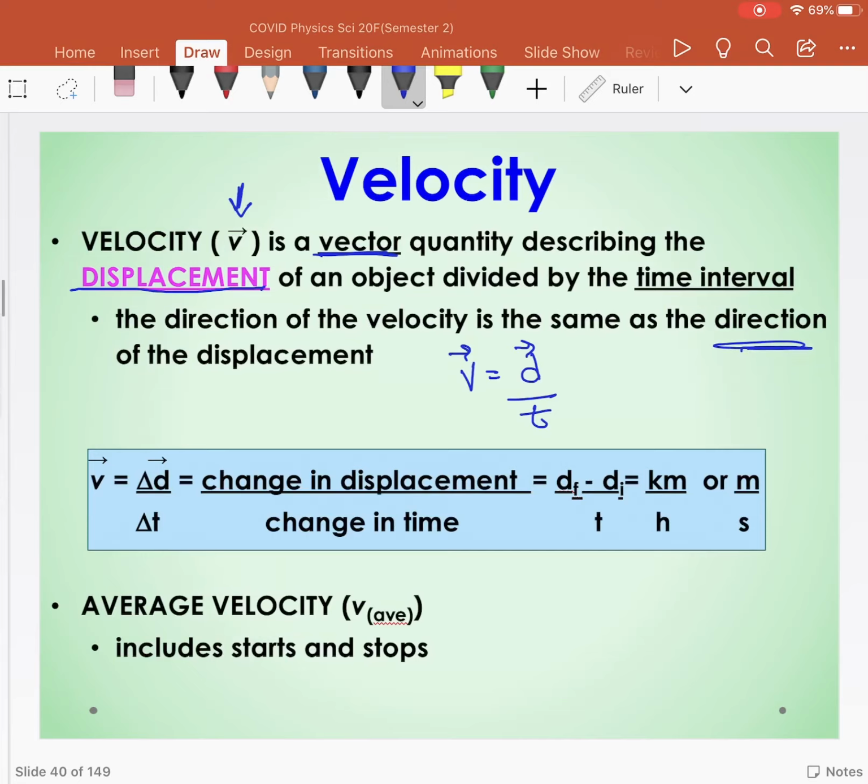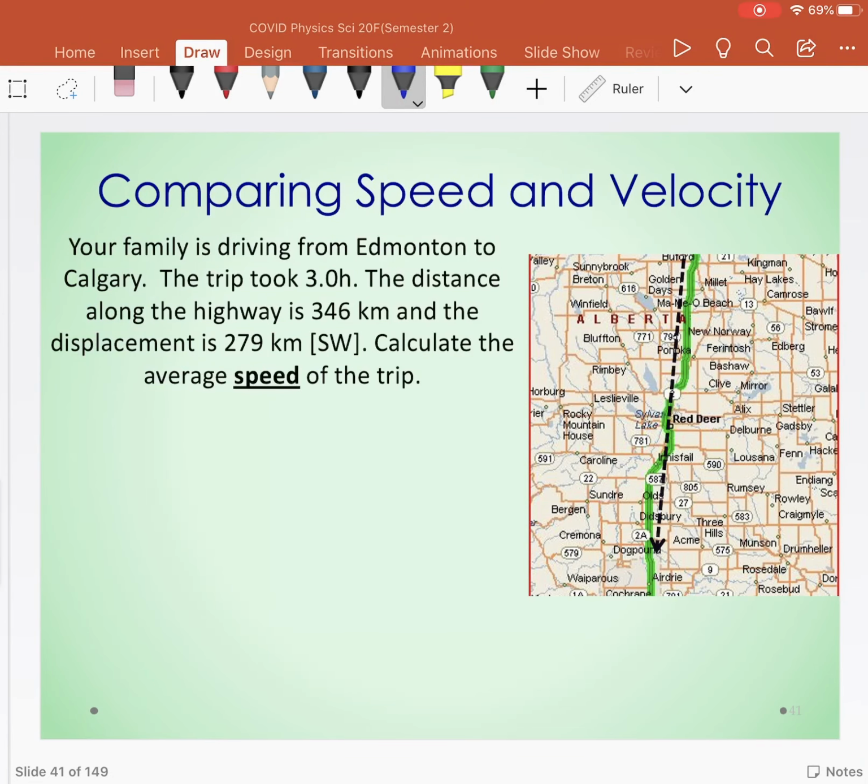Okay, so let's look at what this looks like. Your family is driving from Edmonton to Calgary. The trip took 3 hours. The distance along the highway is 346 kilometers, and the displacement is 279 kilometers southwest. Calculate the speed. It is important to read very carefully here. With speed, I'm going to be dealing with distance divided by time.